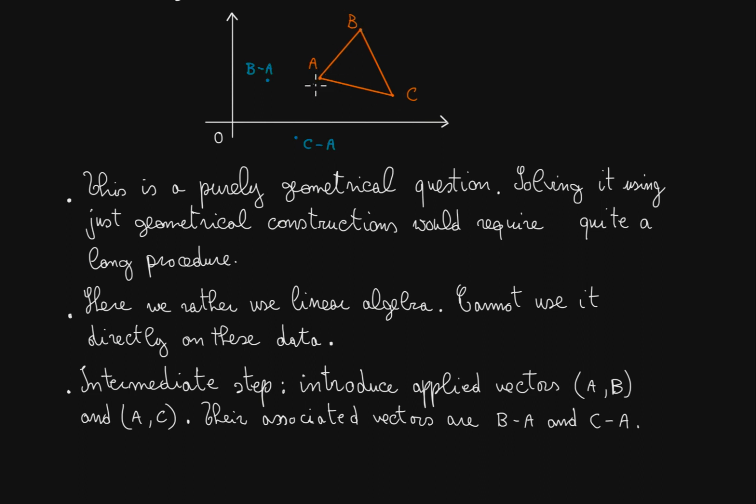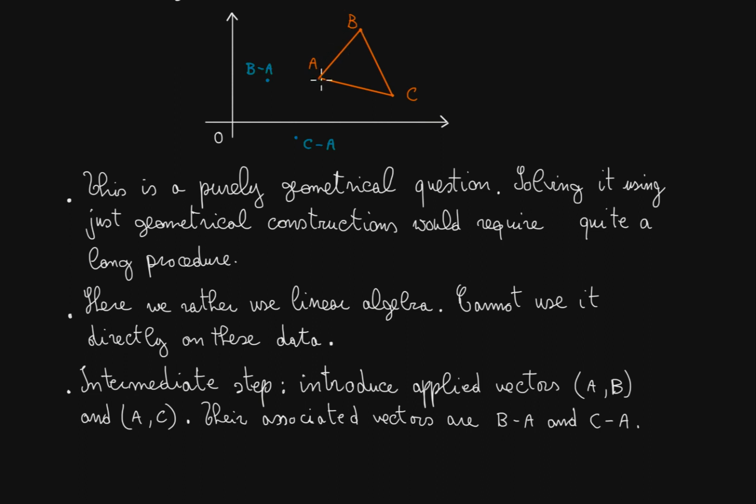We have a formula that expresses immediately the area of a triangle in function of vectors, and it involves the vector product of vectors. However, here we just have applied vectors. AB and AC are just applied vectors, and the vector product does not operate on applied vectors. Therefore, we cannot use the formula we would like to employ directly on applied vectors.